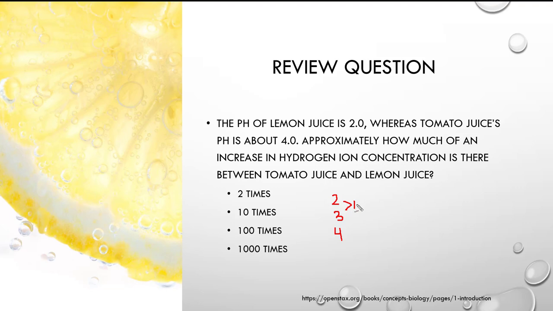That would be 10 times, and 10 times again. So that would be 10 to the power 2, or 10 times 10, which would be 100. So 100 times. All right.